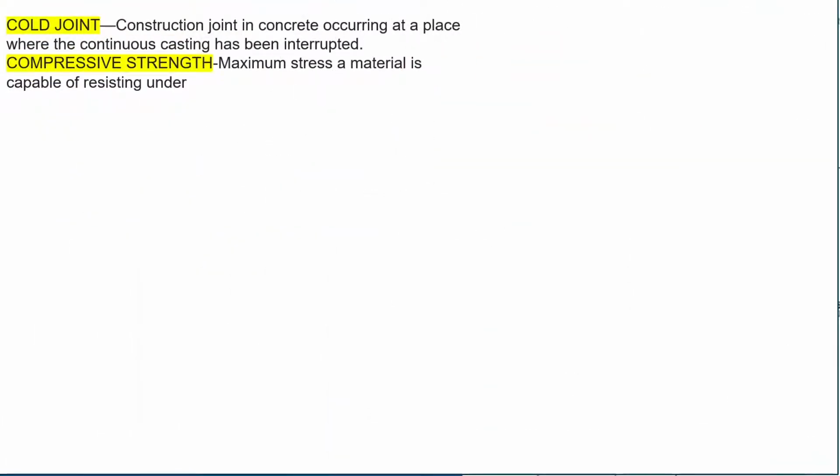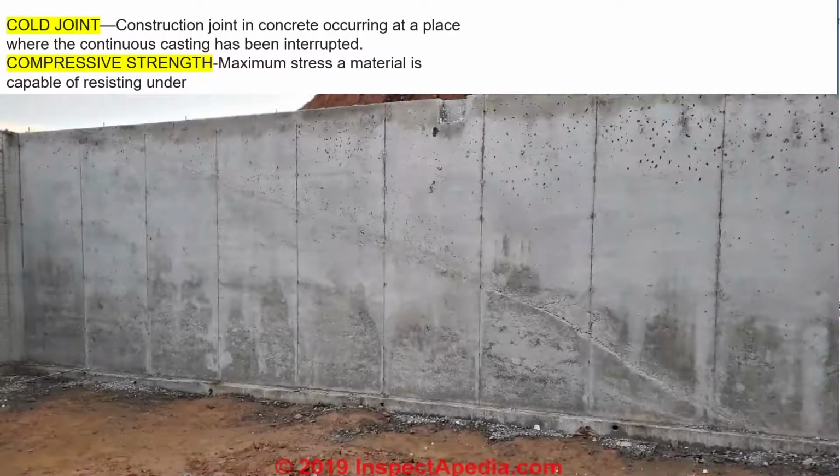Next thing is a cold joint, a construction joint in concrete occurring at a place where the continuous casting has been interrupted. A lot of times this is a no-no. Pours should be continuous, which means that once you start the pour, you don't stop until whatever you're pouring is finished. Sometimes weather, equipment breaking down, trucks not making it.